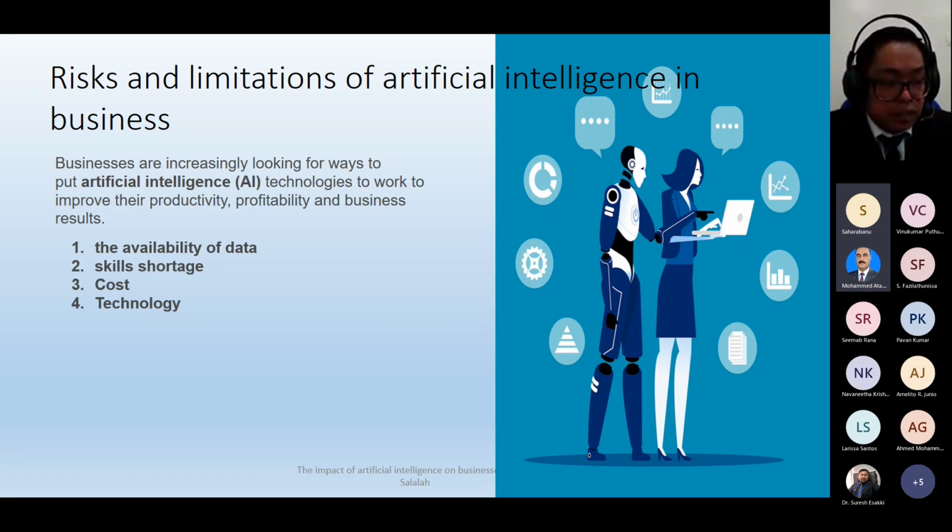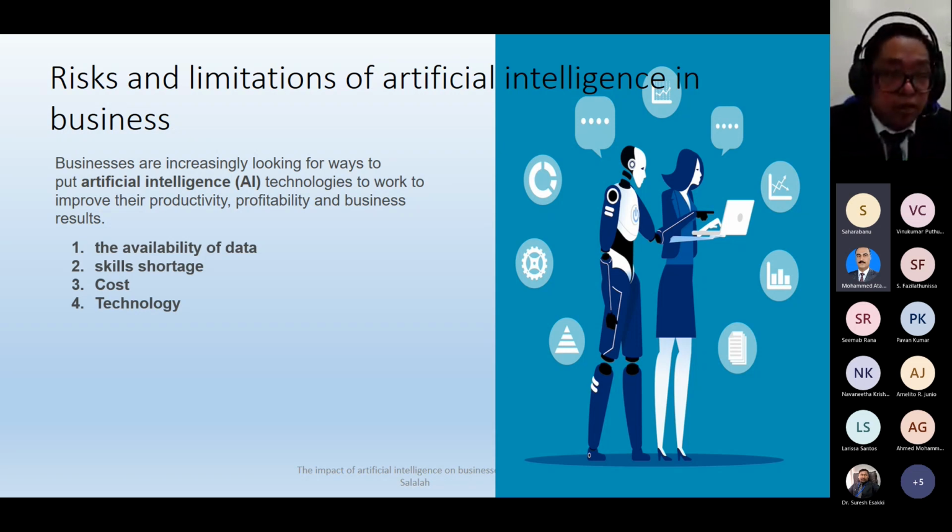This skill shortage is basically another roadblock when it comes to the limitations of AI in business. It is due to the availability of technical staff that might be experienced or expert, or might need some training as well, to efficiently deploy this kind of AI solution. However, of course, they say that we now have a pretty big shortage of AI experts.